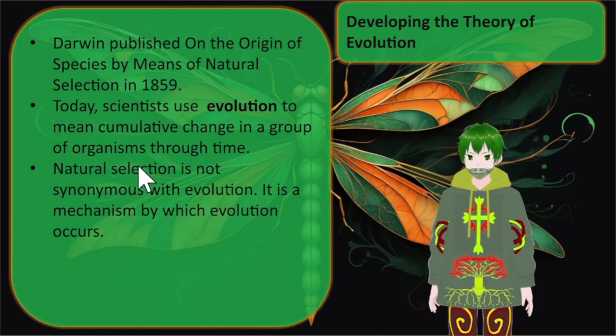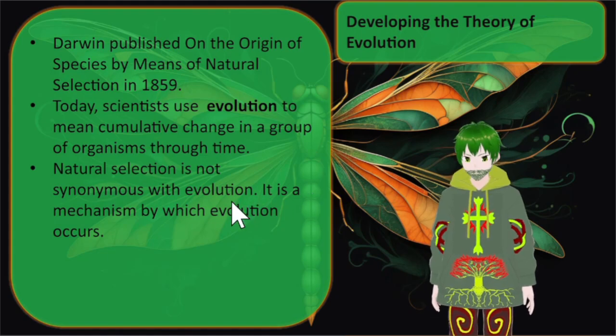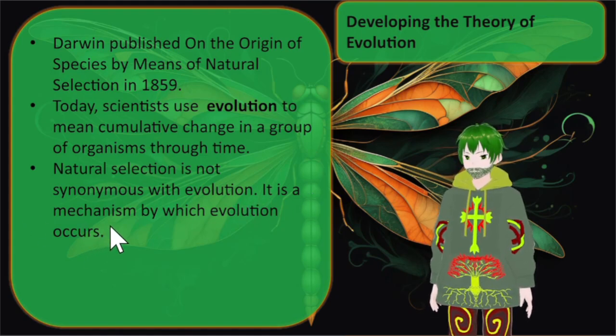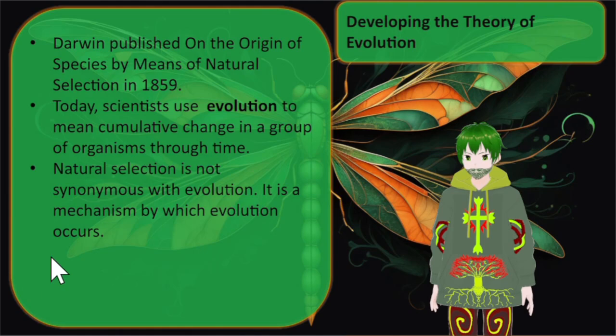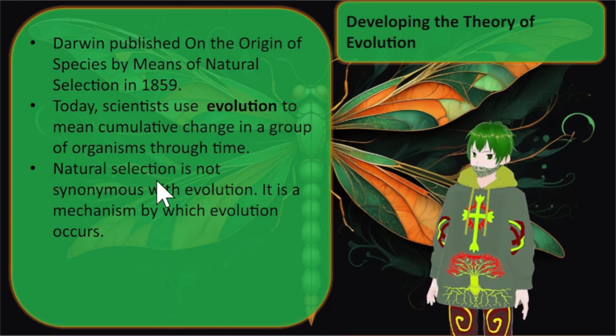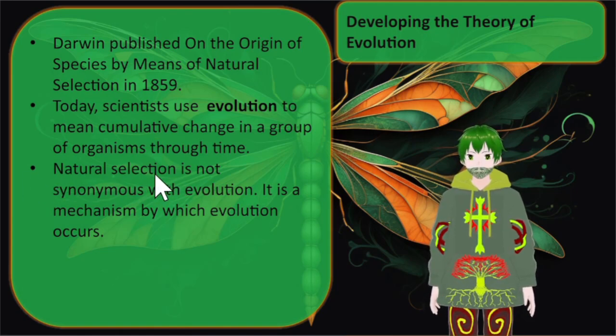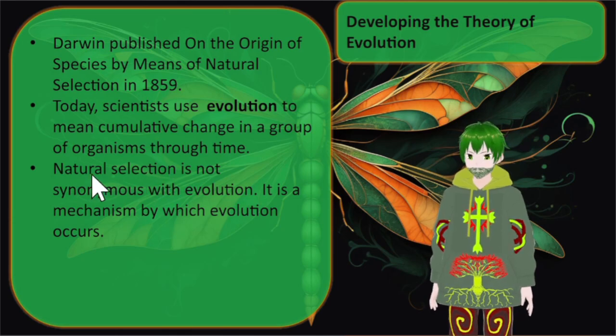Life changes over time. Natural selection is not synonymous with evolution. It is a mechanism by which evolution occurs. So I think this is not a true statement. I think this is a poorly written sentence because natural selection is always being referred to in reference to some sort of mutation that's being selected for or selected against.